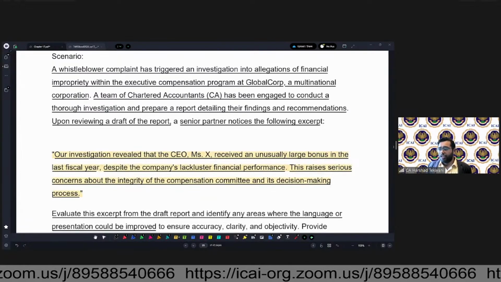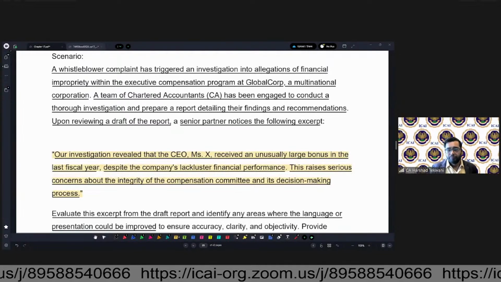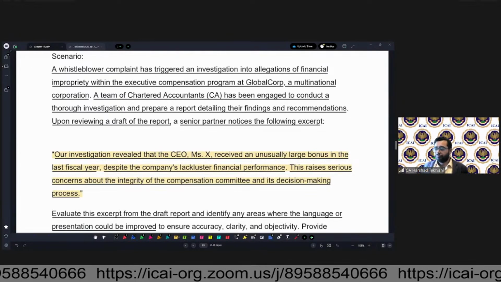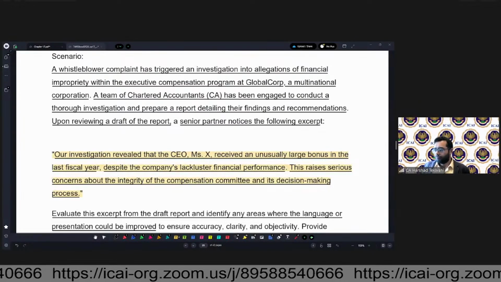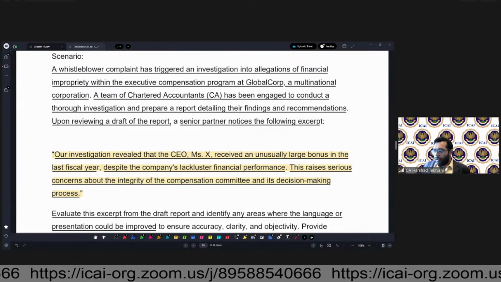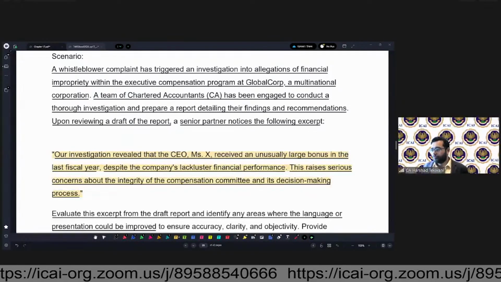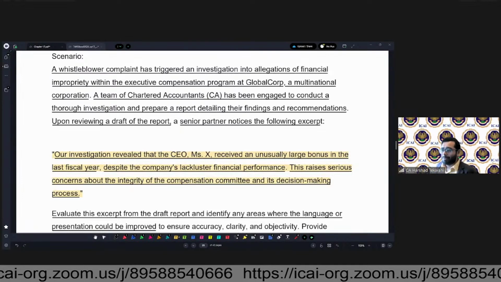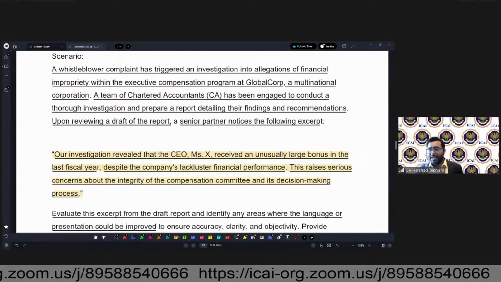So, what is the issue in this paragraph basically? Come on, guys, quickly. What is the problem in this paragraph? Can you identify some areas?